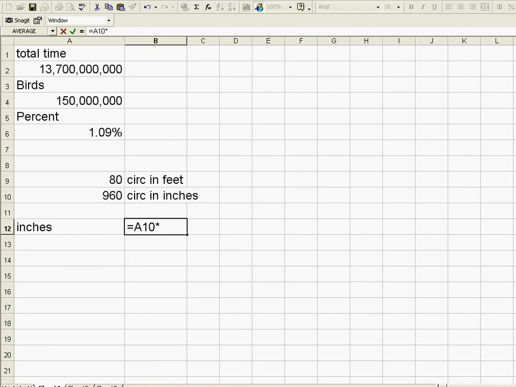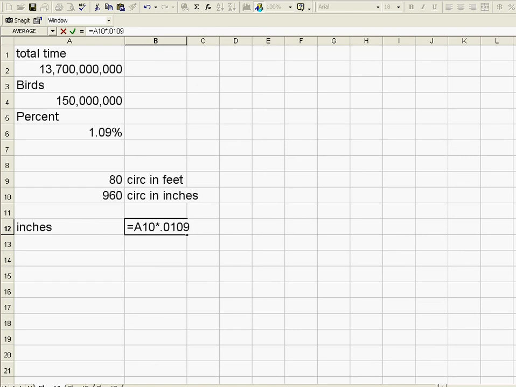So if the 960 inches, which is the circumference of the room, represents the total amount of time in history, what is 1% of that going to be in inches? Well, we'll multiply that by 0.0109. 1.09% as a decimal is 0.0109.